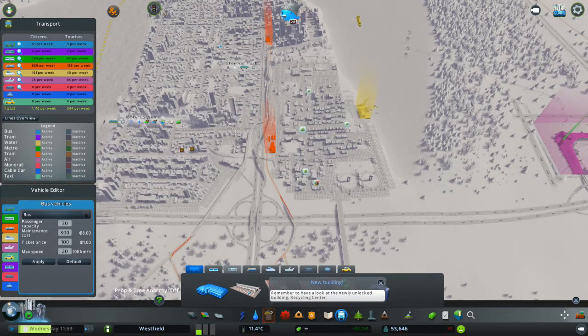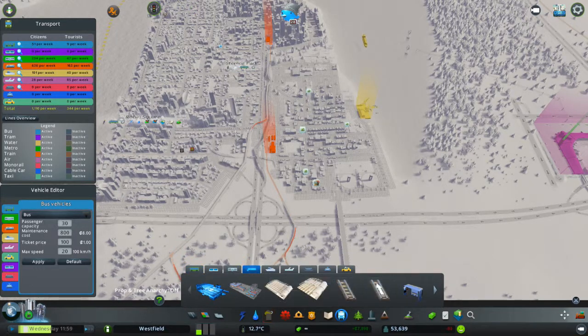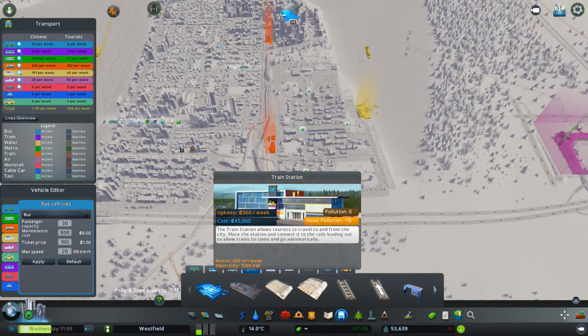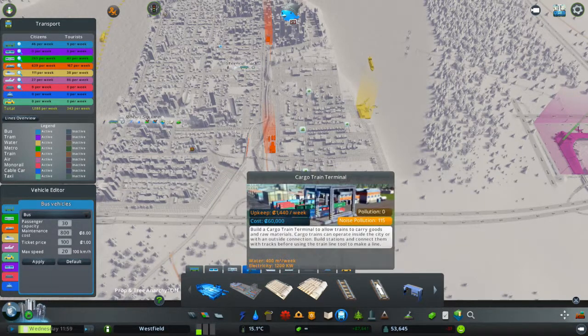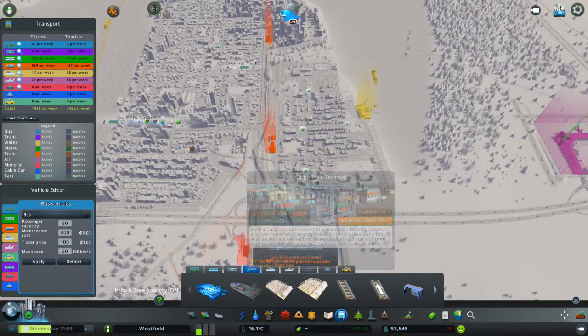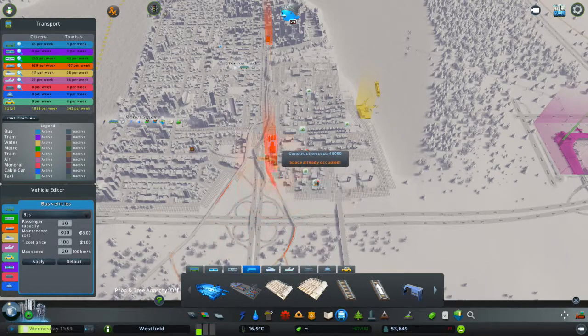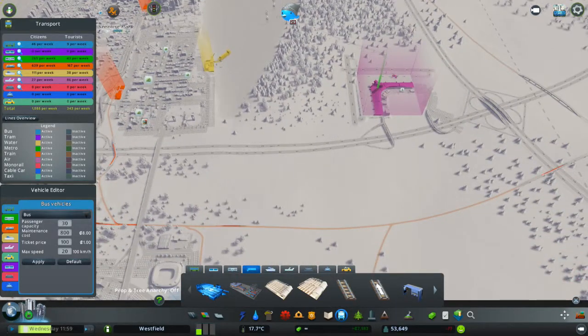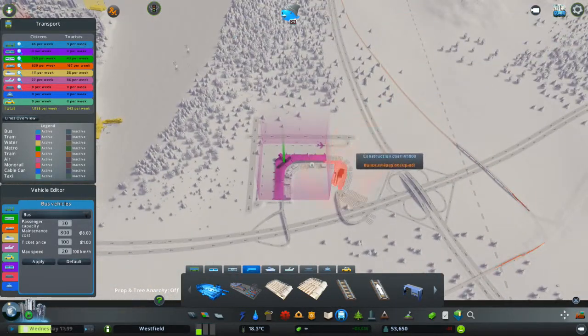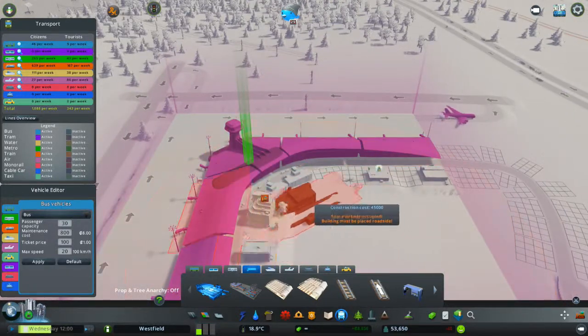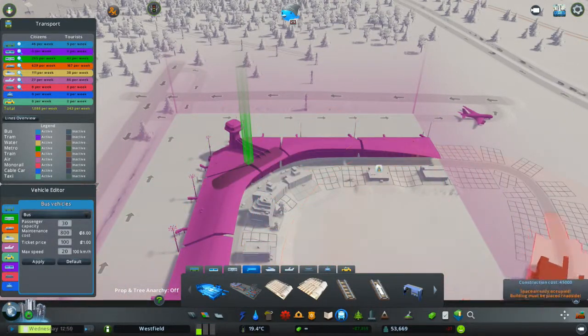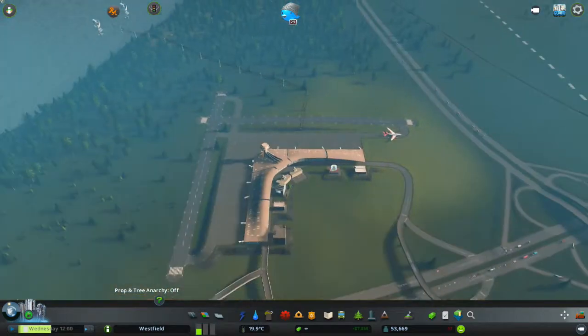If we look at the choices that we have when it comes to trains, we've got the passenger train station, and this one is the cargo train. I called it commercial stroke industrial, but that's what we've got running here. And as you can see at the airport, there is a metro station already placed inside the international airport.